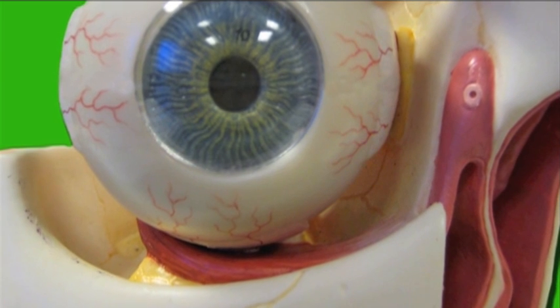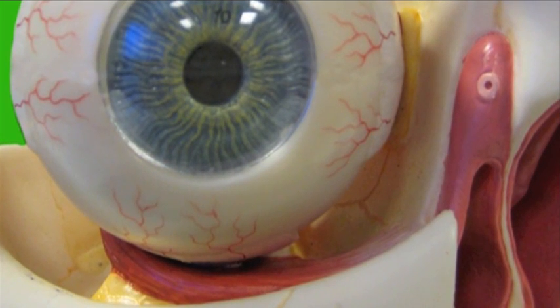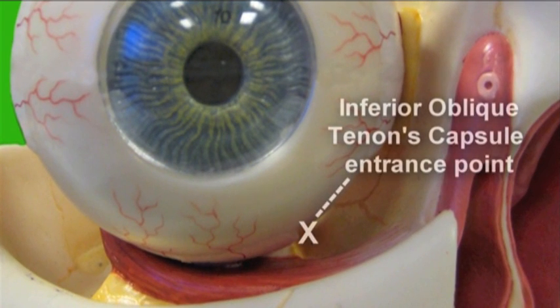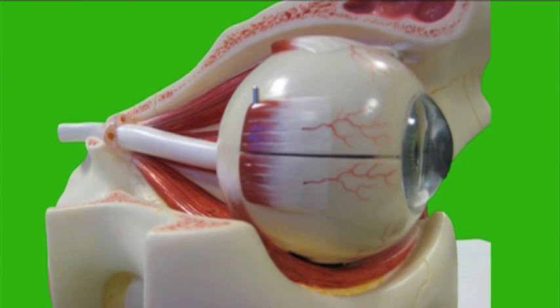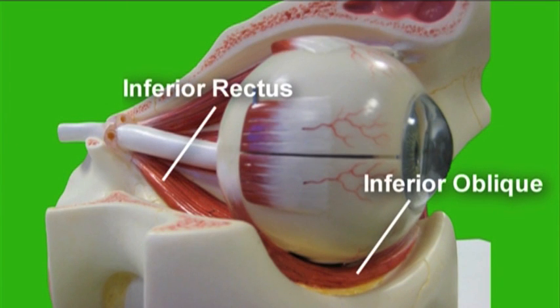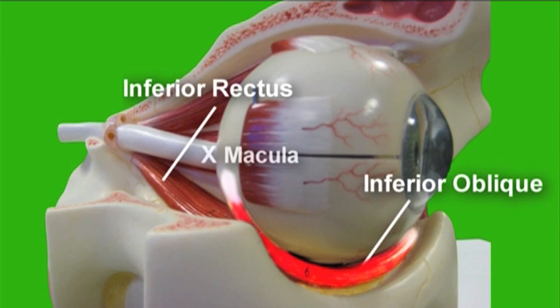The inferior oblique muscle enters the Tenon's capsule a short distance from its origin on the medial side of the inferior rectus muscle. After crossing under the inferior rectus muscle, the inferior oblique muscle continues its posterior lateral direction in contact with the sclera in the Tenon's capsule until reaching its insertion point over the macula.